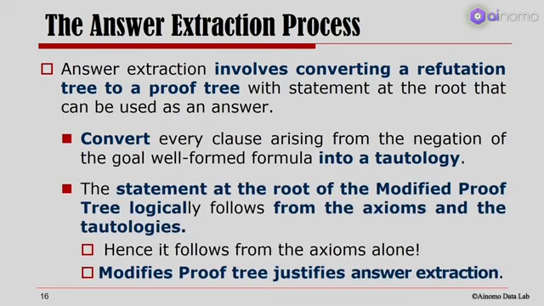So, the statement at the root of the modified proof tree logically follows from the axioms and from the tautologies, and hence we could say that it follows from the axioms alone. So, the modified proof tree, by the very fact that it works on tautologies and the axioms, justifies answer extraction.